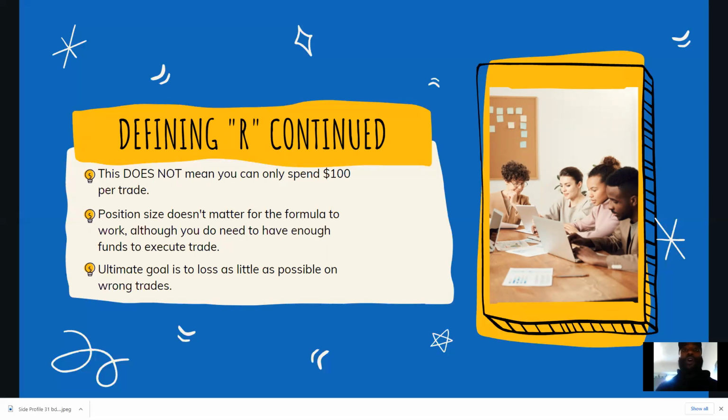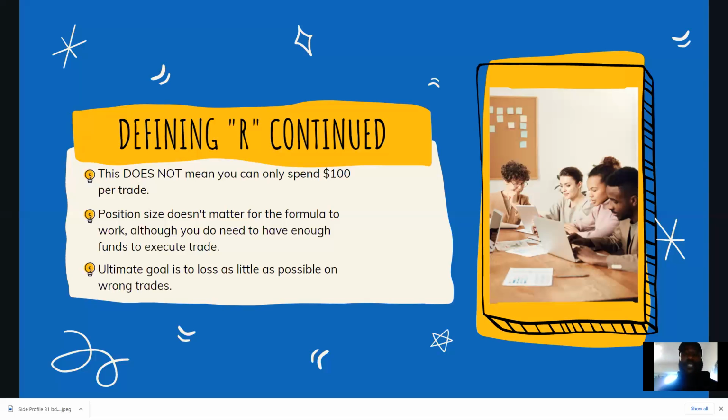If you are wrong on your trade, it does not mean that you can only invest this amount. And you'll see later in some of the examples that we'll do, the investments are actually going to be a little bit larger than the account value. And that is to, once again, drive home the fact that we're defining our R, our risk unit. We're not defining how much we are investing on a trade. Okay, so I hope that makes sense. If it doesn't, we'll continue to try to clarify that.